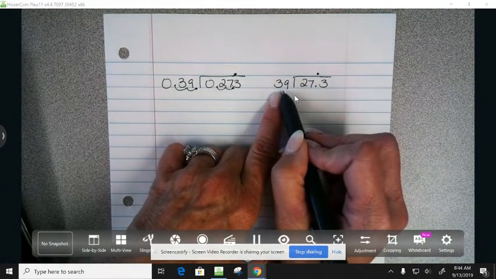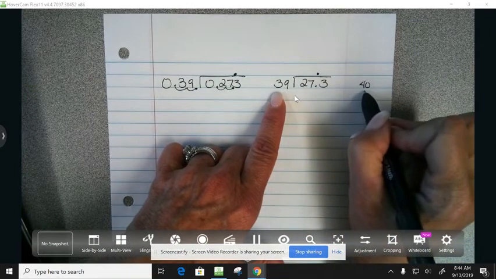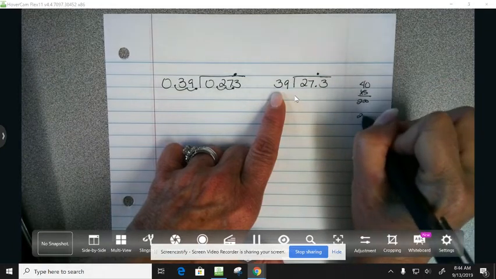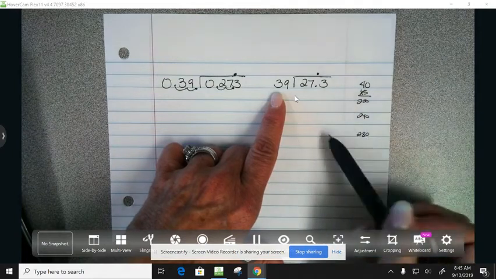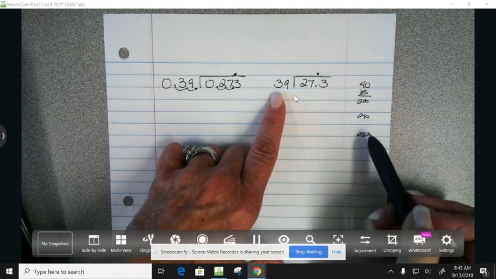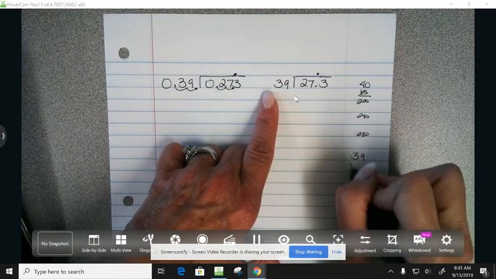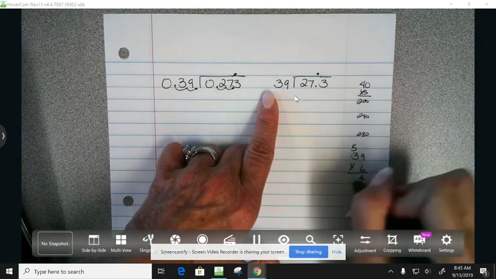I'm going to round this up to 40 and make an estimation. So if I have 40 and I multiply times 5, I get 200. If I multiply by 6, I get 240. If I multiply by 7, I get 280. So I know that I'm going to be between 6 and 7. I'm going to start with 39 times 6 for 54. 18 plus 5 is 23.